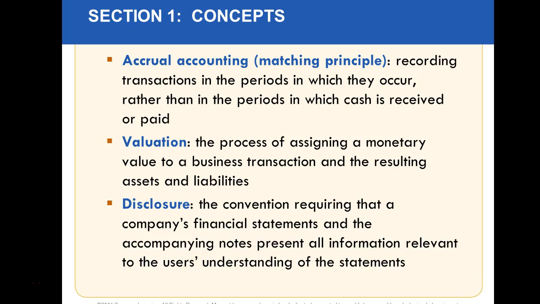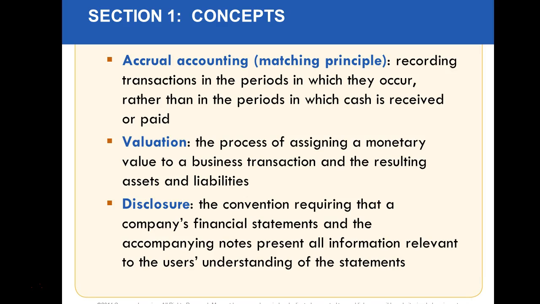Next, we've got disclosures. In our accounting records are the financial statements that we present to the end user. We are required to present notes to the financial statements to help those users fully understand how we record various transactions.